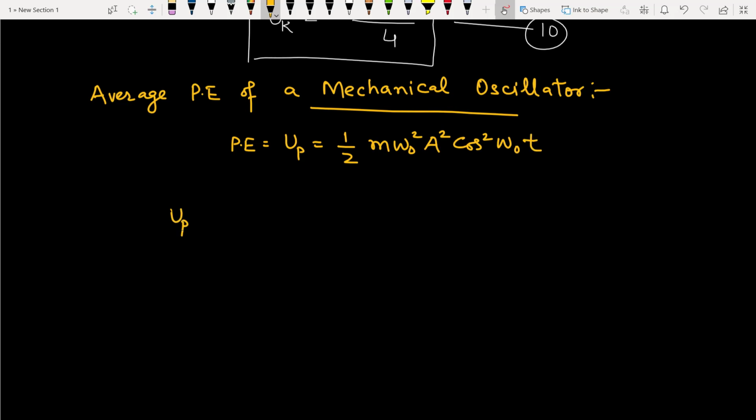So the average value of potential energy will be 1 over T, 0 to T, UP dt.